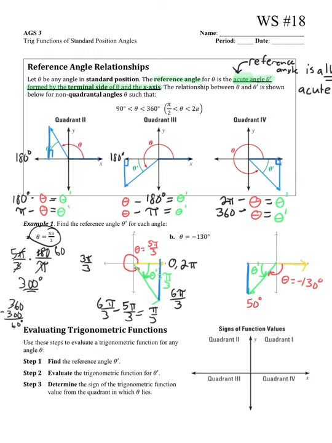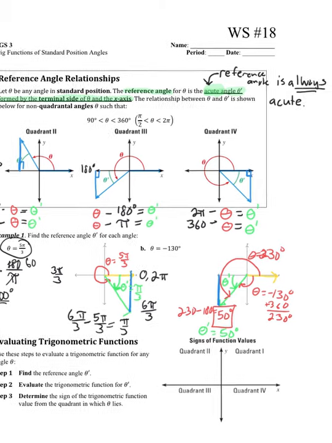Another way you could think about it in quadrant 3: you find a positive coterminal angle, and you're going to get 230 degrees. And then 230 minus 180 equals 50 degrees. So theta prime in this case is 50 degrees. That's my reference angle.